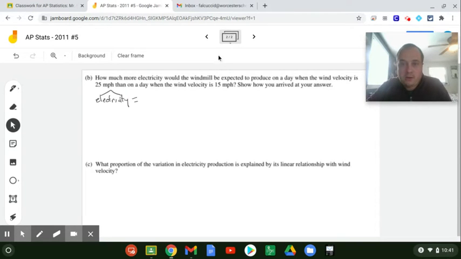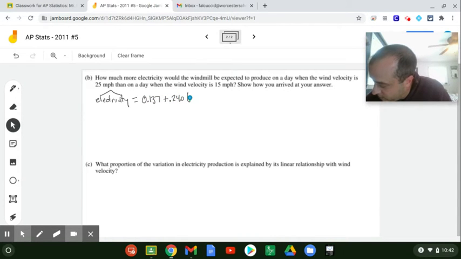So my formula right here, electricity hat equals 0.137 plus 0.240 times wind velocity. So if I did that first, 0.137 plus 0.240 times 25.